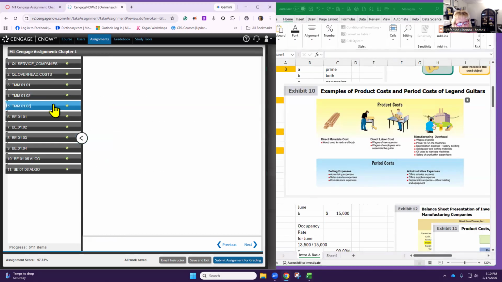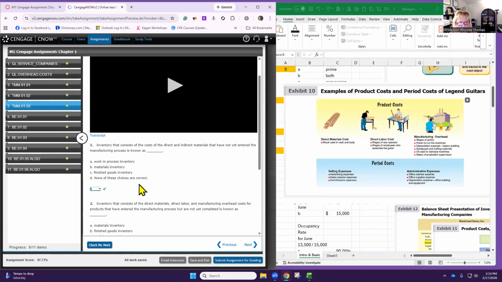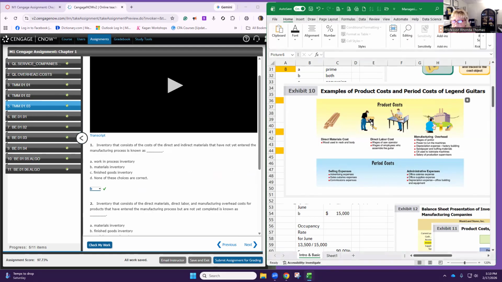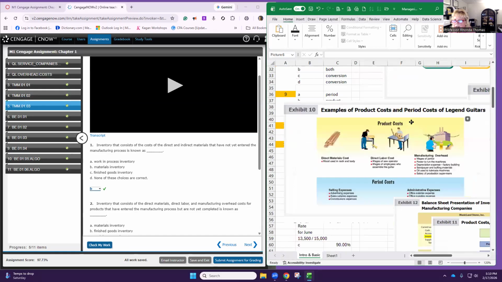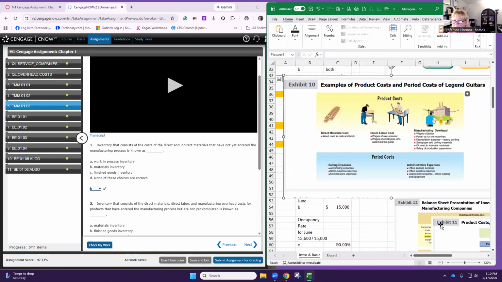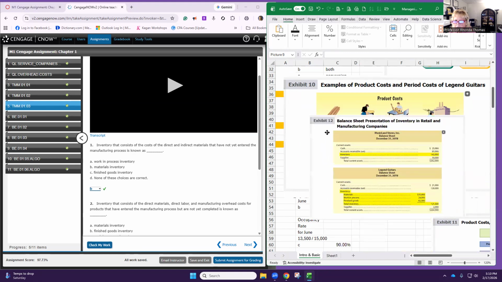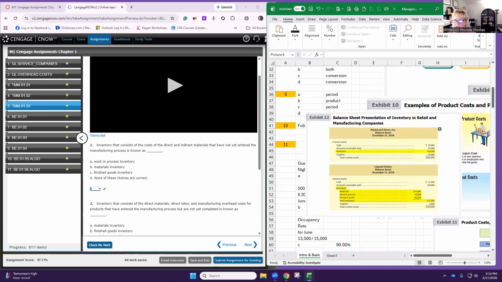Okay, so let's go to 5. Inventory that consists of the costs of the direct materials and indirect materials that have not yet entered the manufacturing process are known as... So now that we're in manufacturing, here's what it looked like from financial accounting.